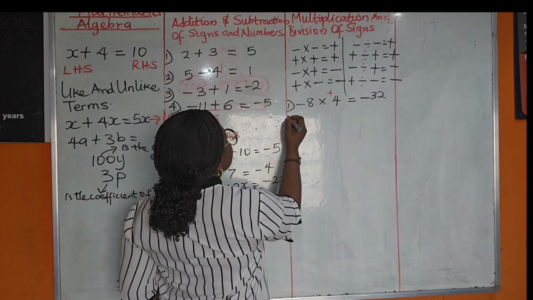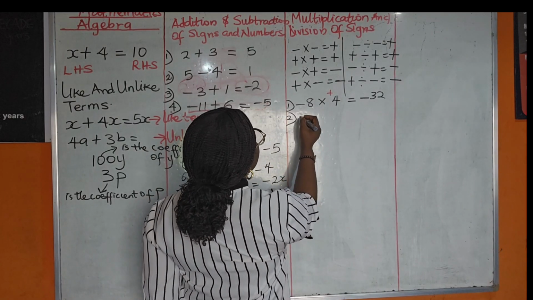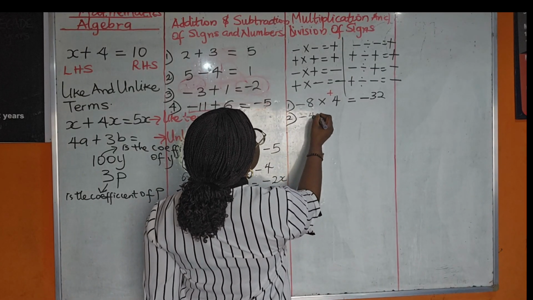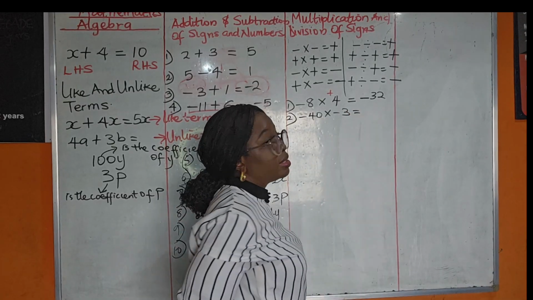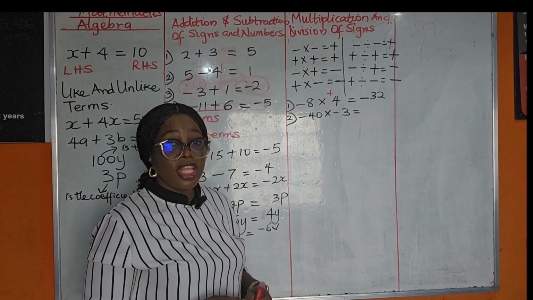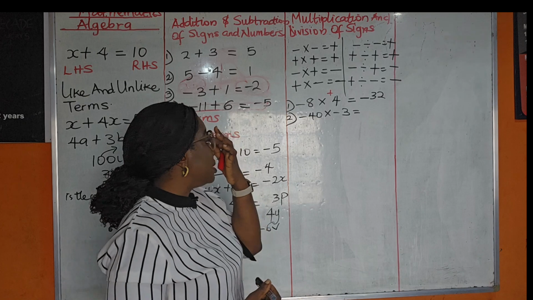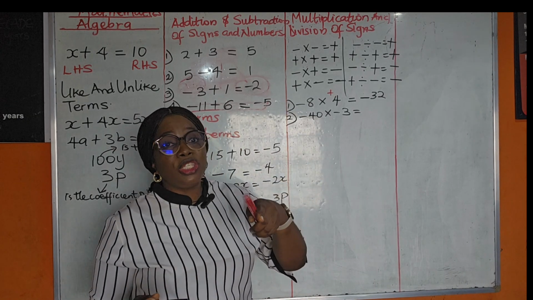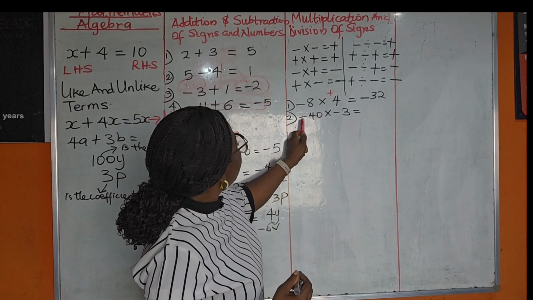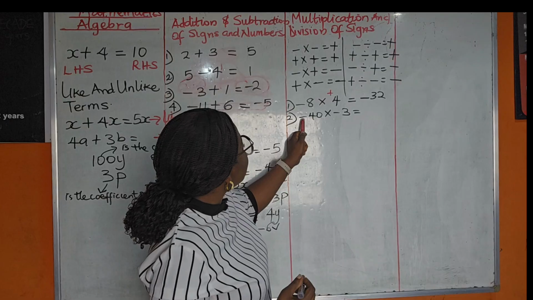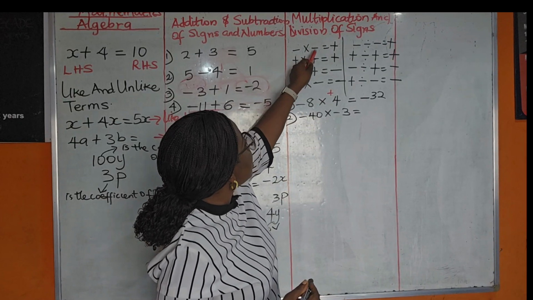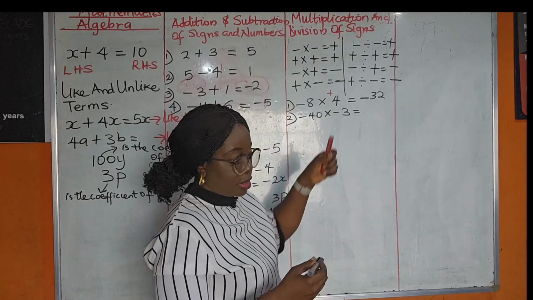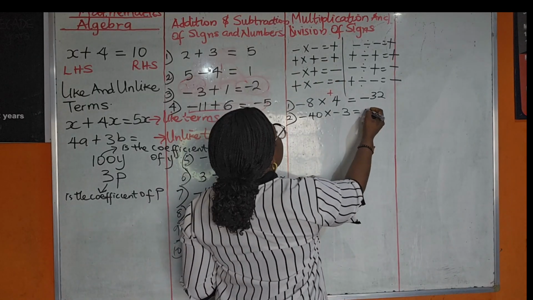Another example is we have something like this, minus 40 times minus 3. Look at this. Two negative numbers multiplying themselves. The first thing you do is you multiply the signs. Minus times minus. Minus times minus is what? Is plus. So write plus.